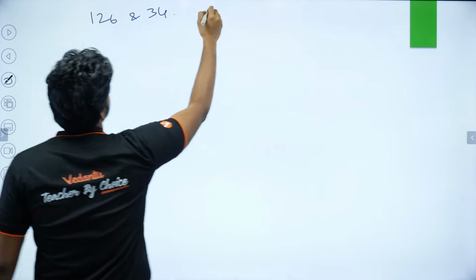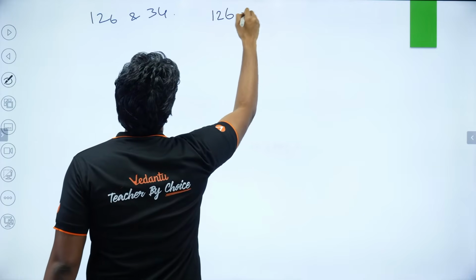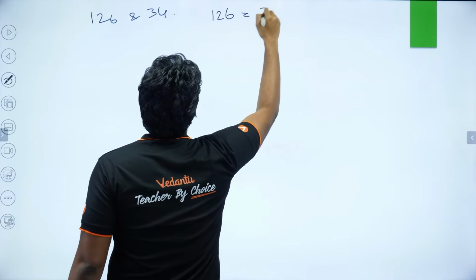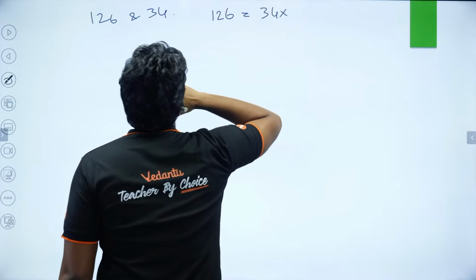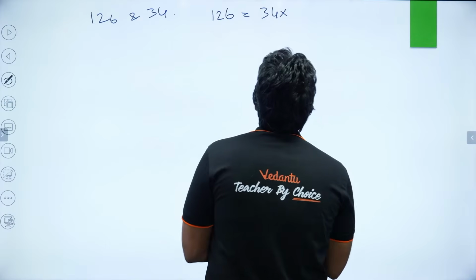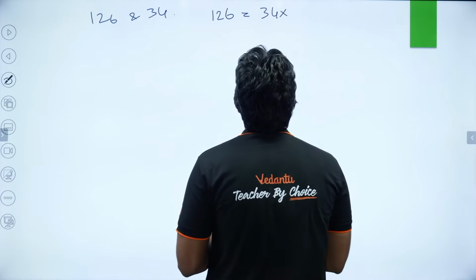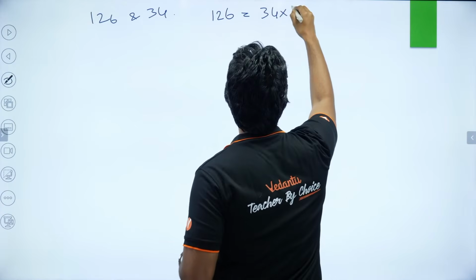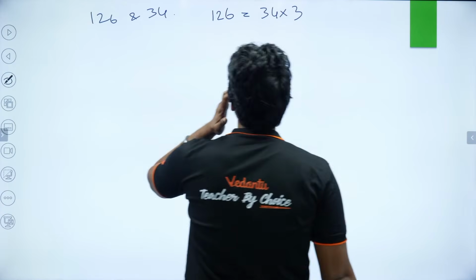So 126 can be written as 34 into 3, right?